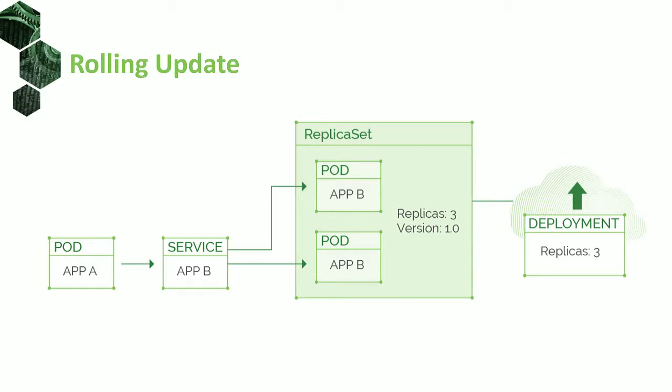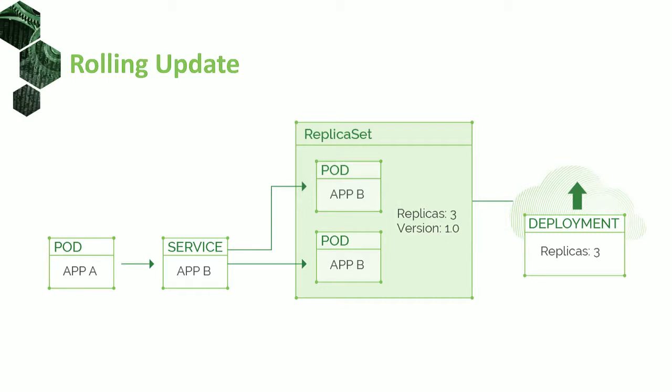It's done with the mechanism called deployment. That's a high-level controller in Kubernetes whose only purpose is to make sure that the rollout of replica sets and your pods goes smoothly using the rolling update mechanism. If we look at the diagram, we have a deployment that we submitted to Kubernetes saying that we need 3 replicas of application B or service B. The deployment spun off another entity on Kubernetes called a replica set that is managing your pods.